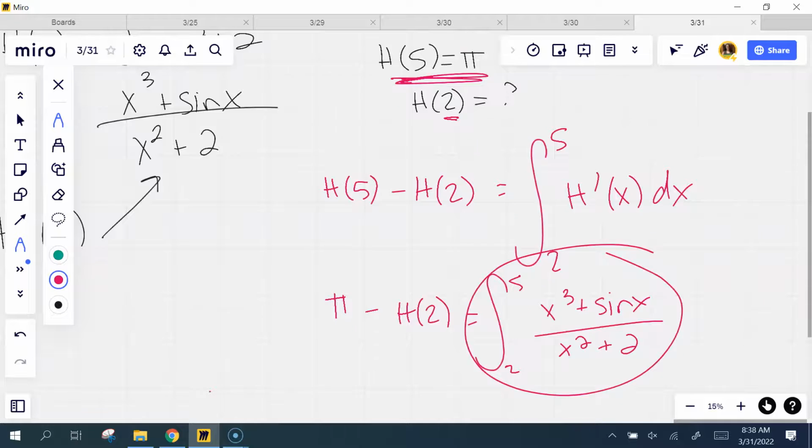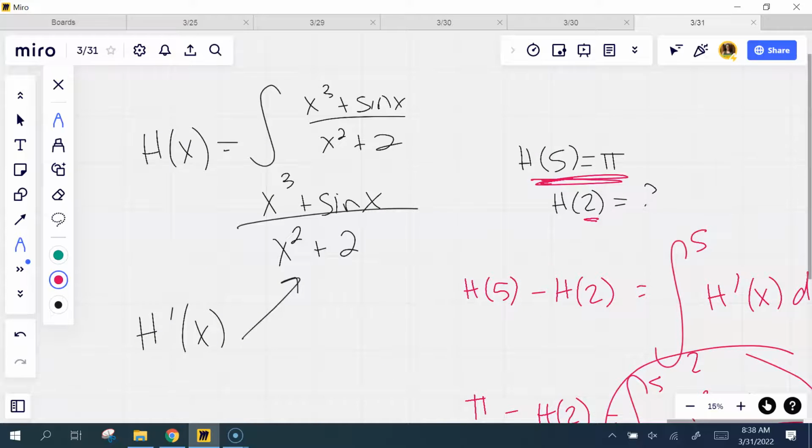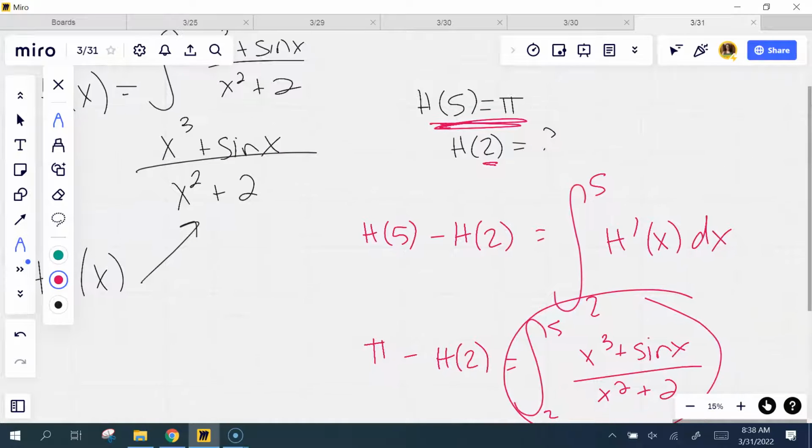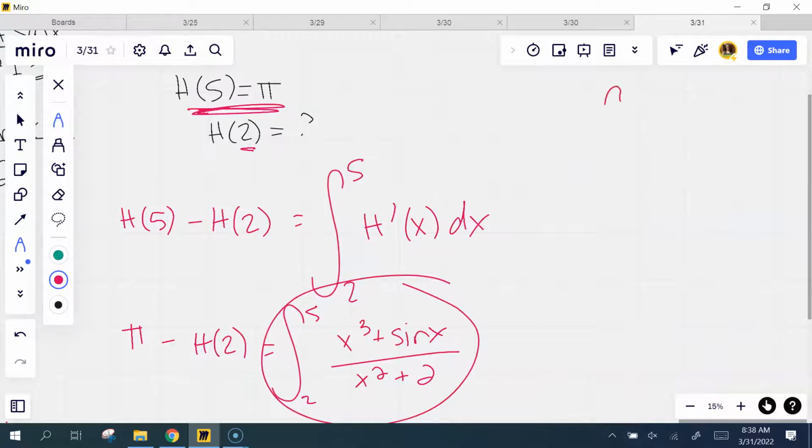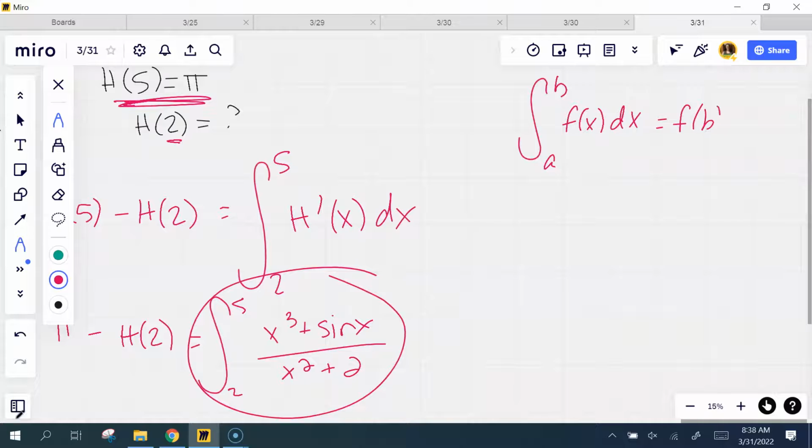So, how can we use h of 5? Well, because if I set it up as a definite integral from 2 to 5, the fundamental theorem says, isn't that how you evaluate any integral from a to b of f of x dx? You say that equals f of b minus f of a. That's all I did.